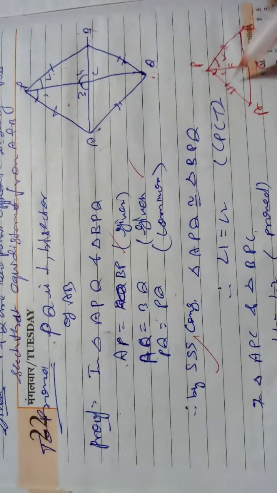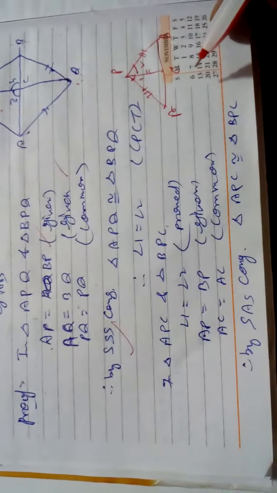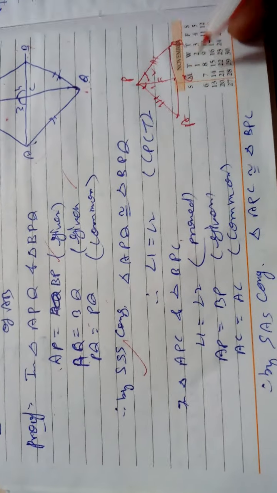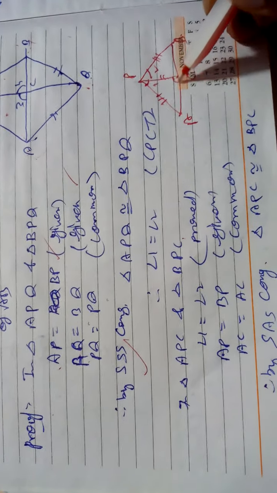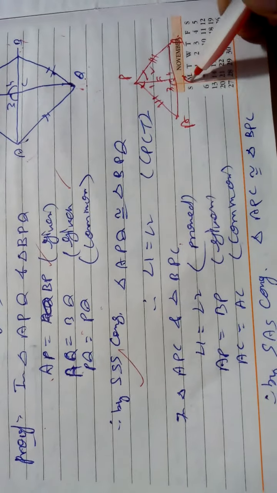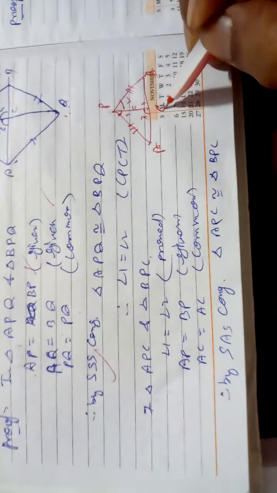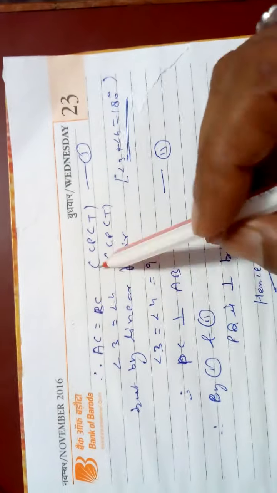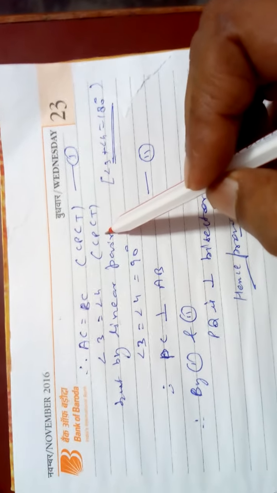So what are you getting? SAS congruency again. APC congruent to BPC, so angle 3 equal to angle 4 by CPCT and AC equal to BC by CPCT. 3 and 4 form a straight line, a linear pair.